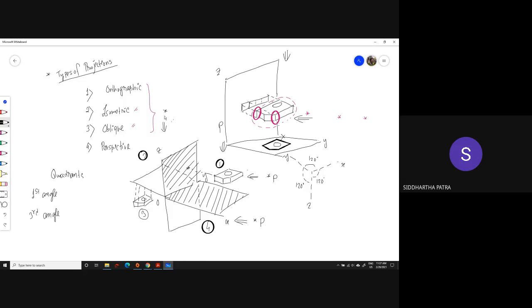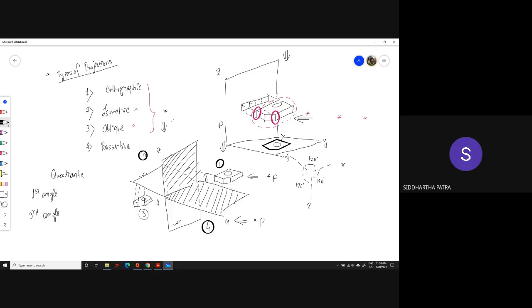So whatever the observer sees of the object is projected back to the screen, which is above the object, or in this case in front of the object. In case of the front view, it is in front of the object, and in case of the top view, it is above the object, and that's why the points are projected back, and then observed by the observer as a projection.